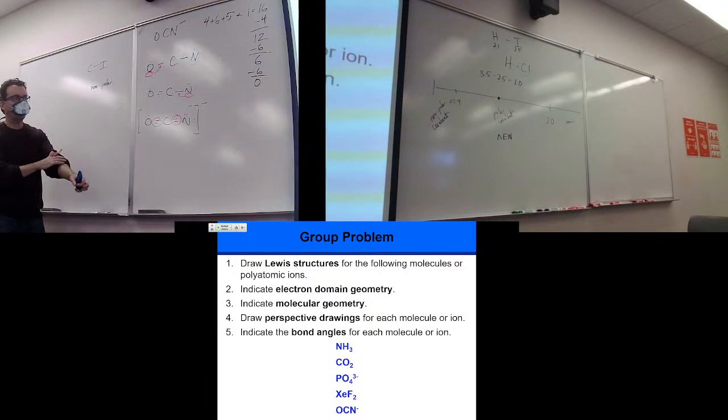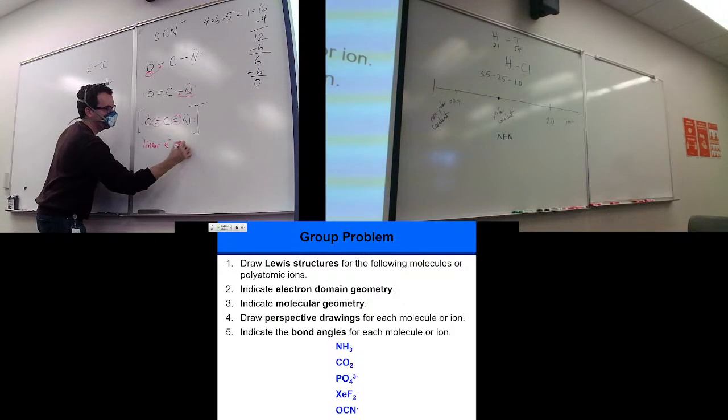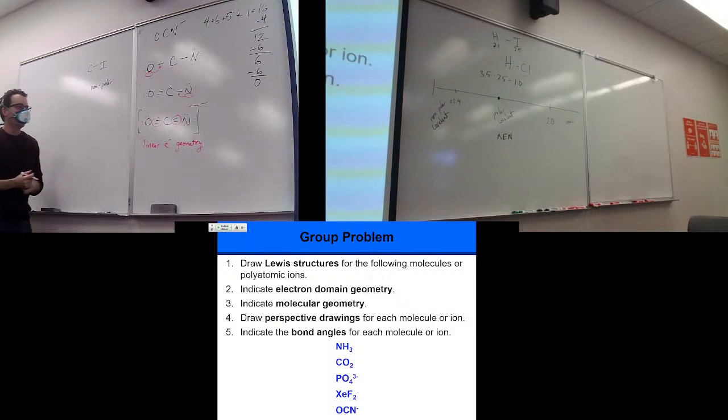And if you look it up in the table, 2 groups of electrons means it's a linear electron geometry. That's the electron geometry. That is the geometry the electrons force the central atom to take with the electrons around it.